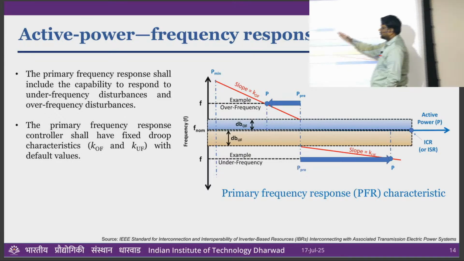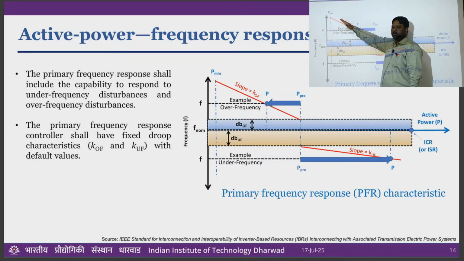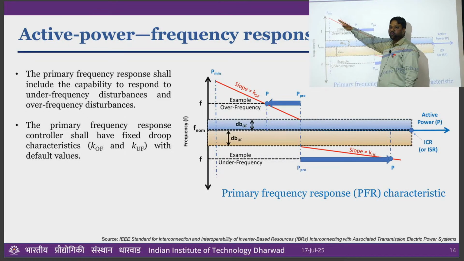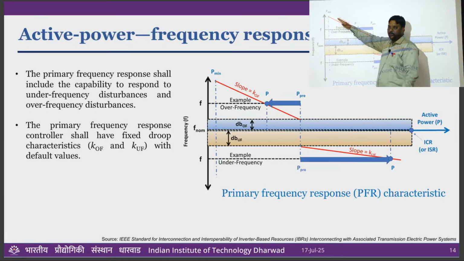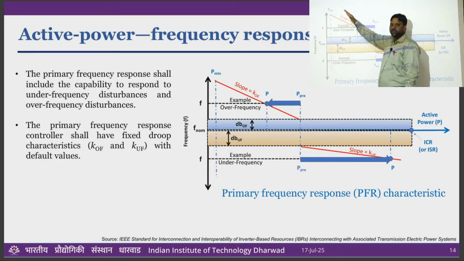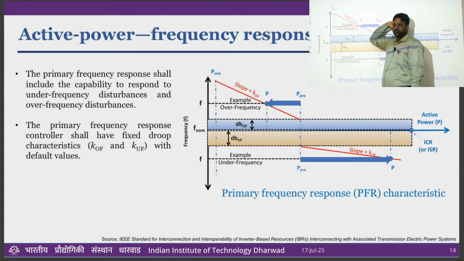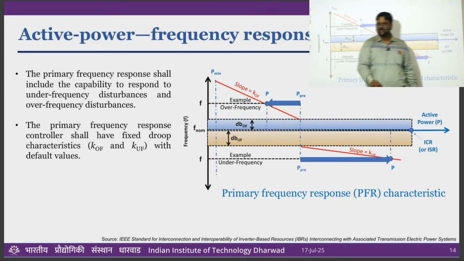The slope of this curve, they told, can vary from 2 to 5. Slope is basically delta F by delta P, delta Y by delta X. That should vary from 2 to 5 for primary frequency response.